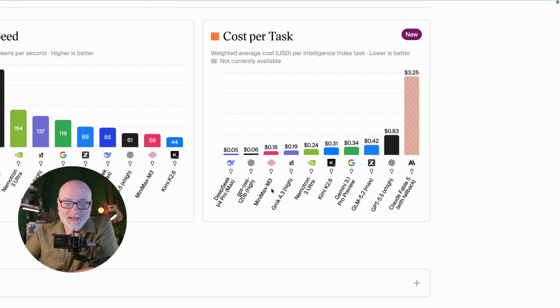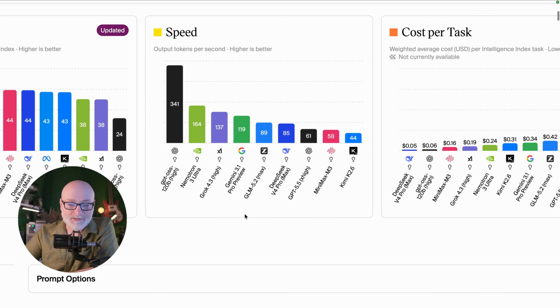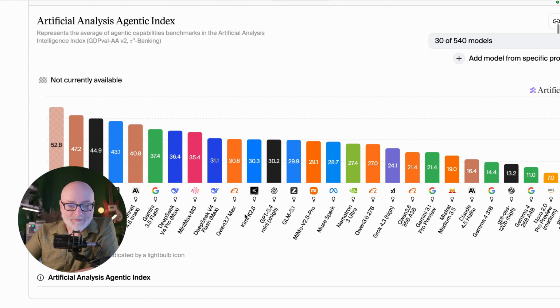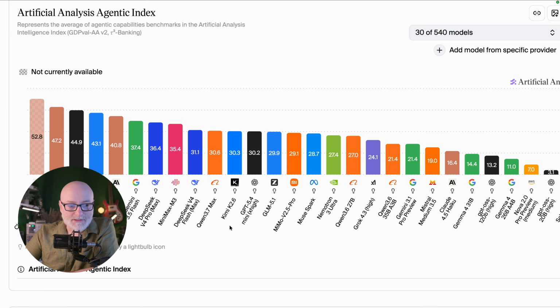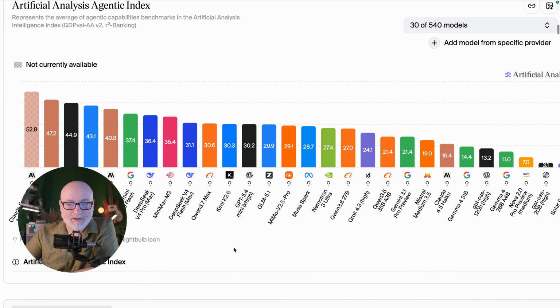So you see Minimax is down here because it's pretty cheap. Now this is a sort of contradiction because I see that the Pro is even cheaper than Minimax, but people love Minimax. Anyway, another thing that I want to show you is this graph.